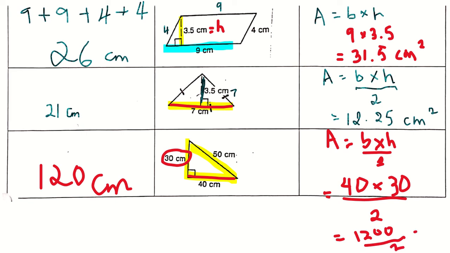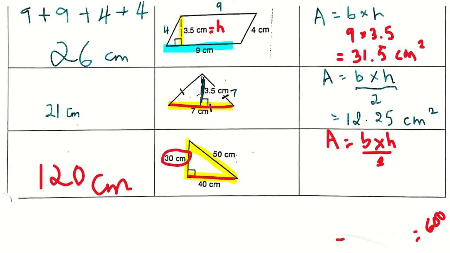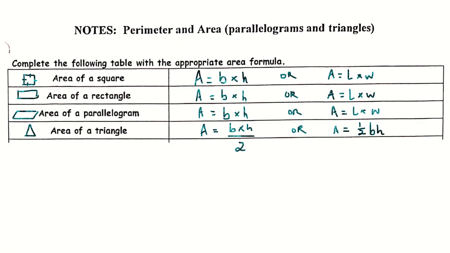Divided by 2, this is going to be 600. Okay, so just so I don't run out of room, the answer is 600 centimeters squared.